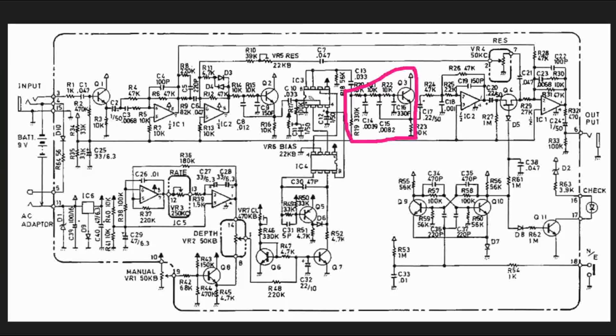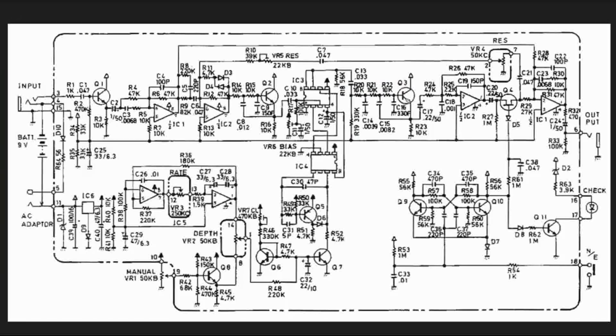And the BBD has a fixed number of buckets inside, and so the samples in time are being discretized, meaning that they're for a short amount of time, and then a fixed time later we get another sample, and then another sample, and then another sample. And when we string all of those samples together, that discontinuity between one sample and the next sample results in a lot of high frequency hash noise. And so we roll that off using a pretty aggressive low pass filter. Okay, I talk a little bit more about that in the CE2 video.